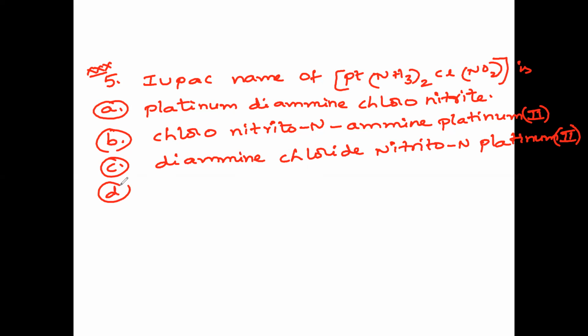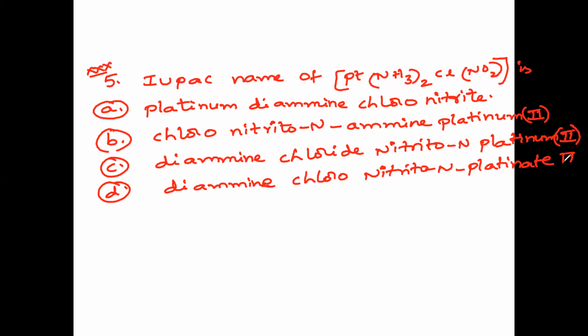Next, fourth one: diamine chloro nitritogen platinate 2. Very, very important question. So we have to identify whether it is a cationic complex or an anionic complex.